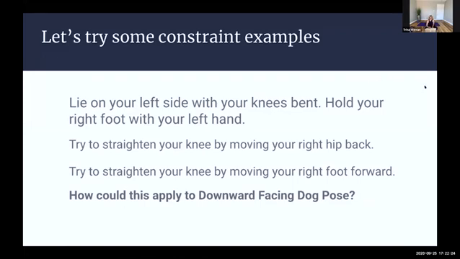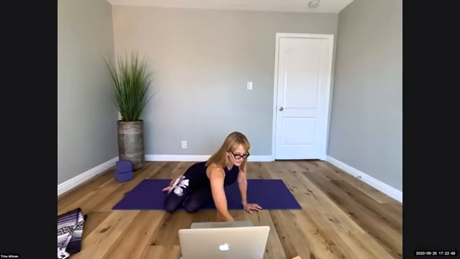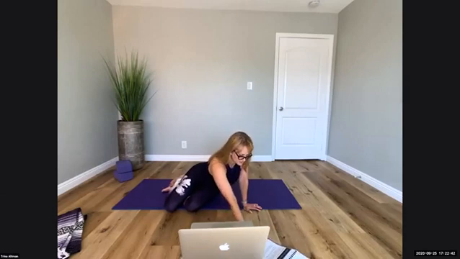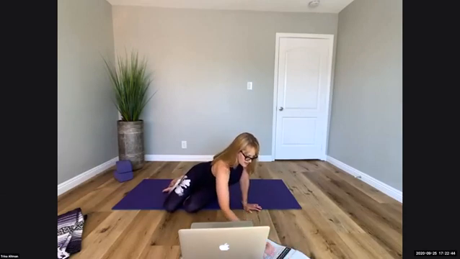So what we're gonna do is lie on our left side with our knees bent, and we're going to try to straighten our knee in two ways. So let me stop share. There we go. And I'm just gonna make sure I stay on track.